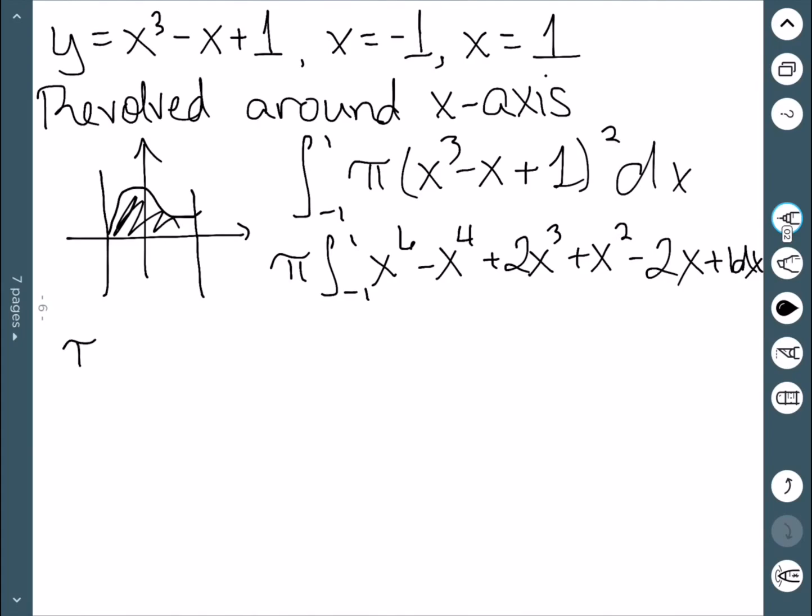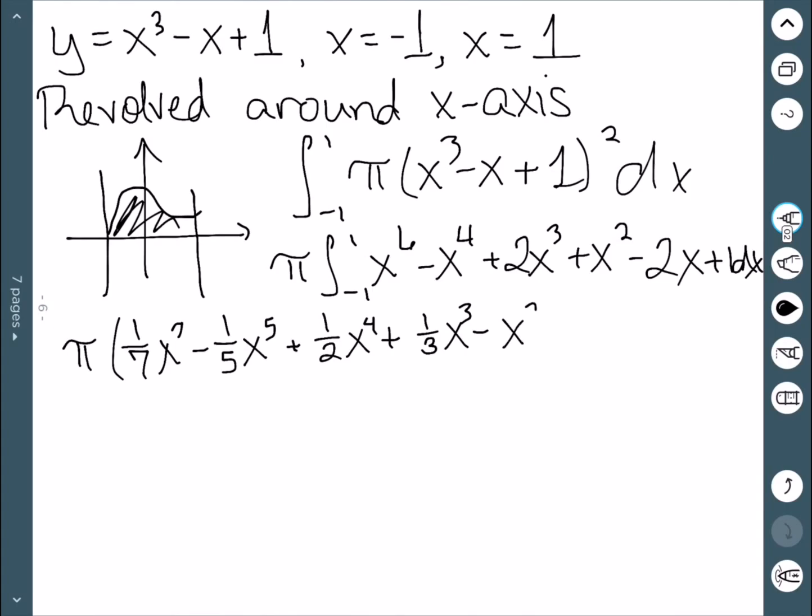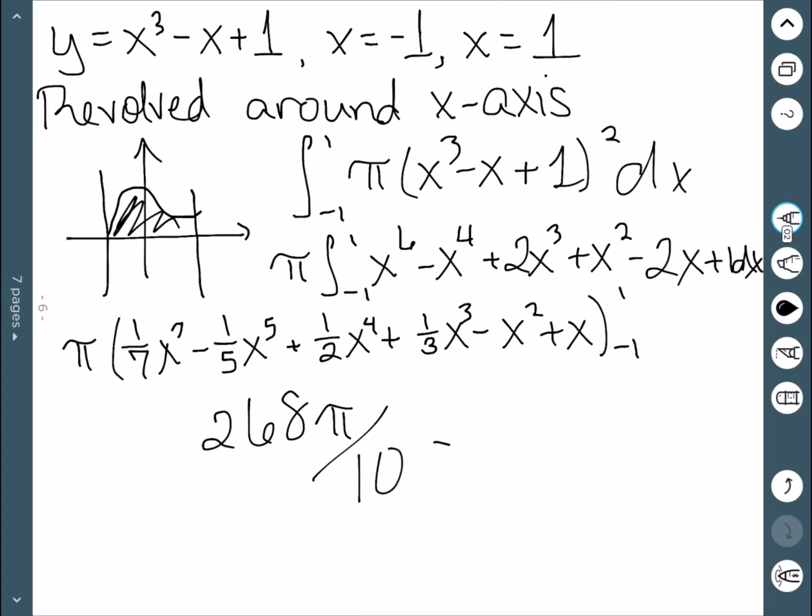Integrating this would give me 1 over 7 x to the 7th minus 1 over 5 x to the 5th plus 1/2 x to the 4th plus 1 over 3 x cubed minus x squared plus x, all between negative 1 and 1. And if we try to evaluate this, we would get 268 pi over 105.